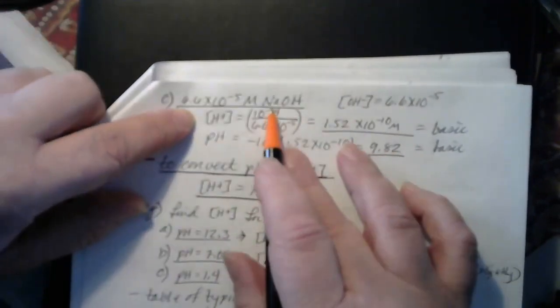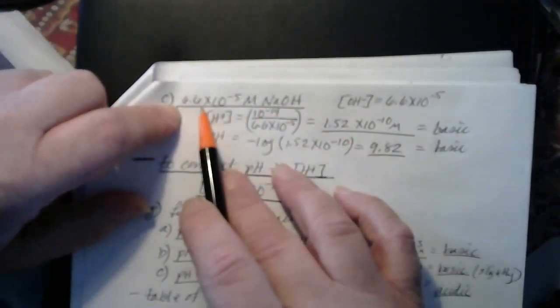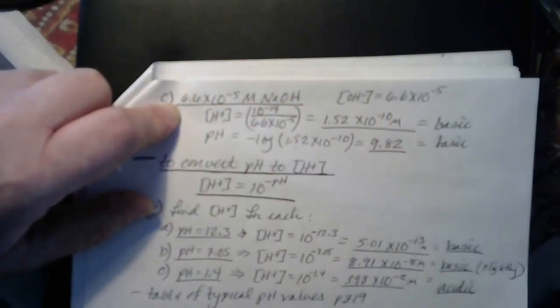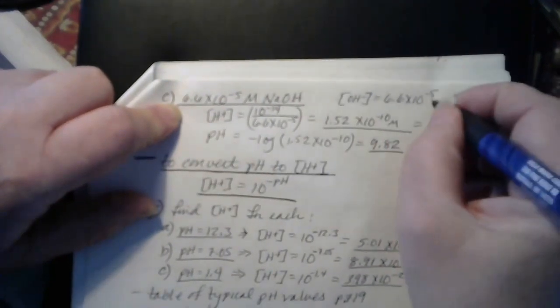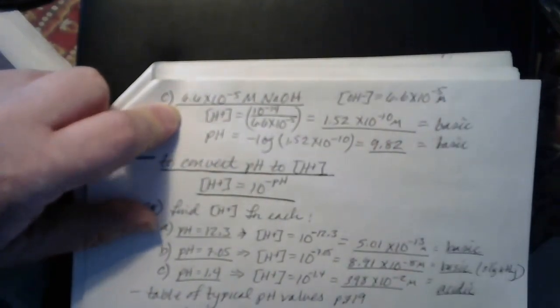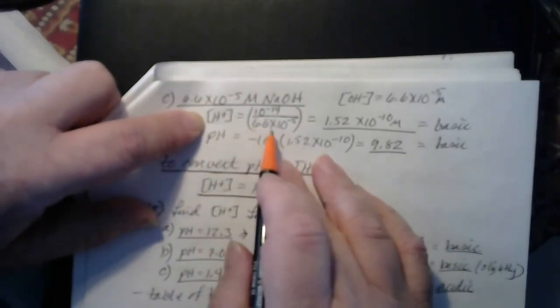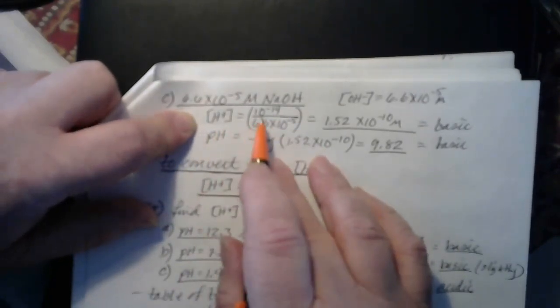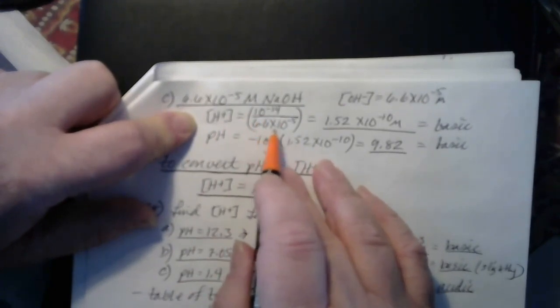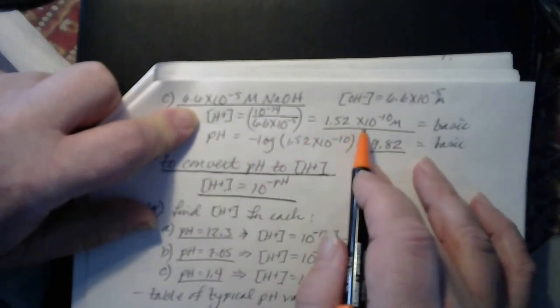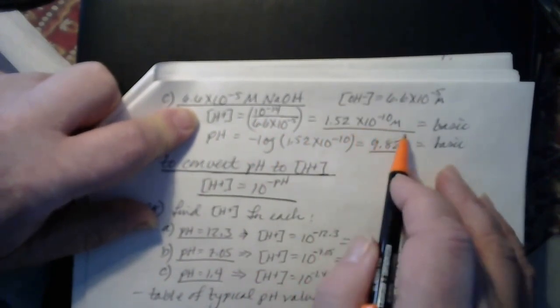And so you can assume that the hydroxide ion concentration ends up being the original concentration of the base, which is 6.6 times 10 to the minus 5 molar. The H plus concentration is Kw divided by that, or 10 to the minus 14 divided by 6.6 times 10 to the minus 5, which means the H plus concentration is 1.5 times 10 to the minus 10.